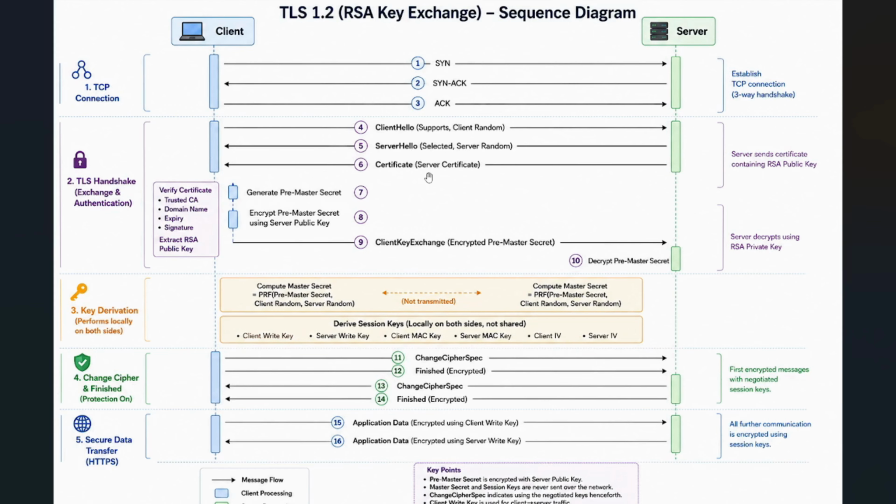We got the server certificate, and after validating it, we extracted the public key of the server. The client also generated the pre-master secret key, encrypted it using the public key and sent it to the server, and the server was able to decrypt it and get the pre-master secret using the private key. So the pre-master secret is known to both client and server after the end of this phase.